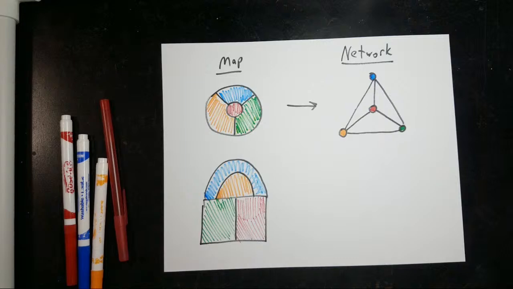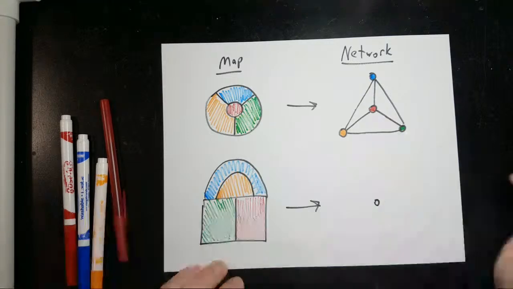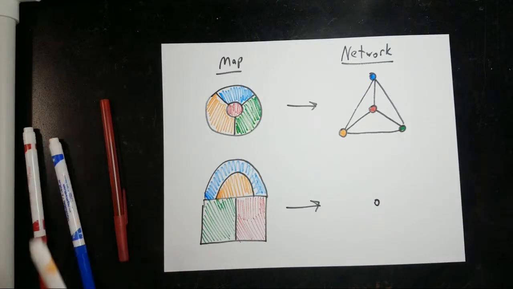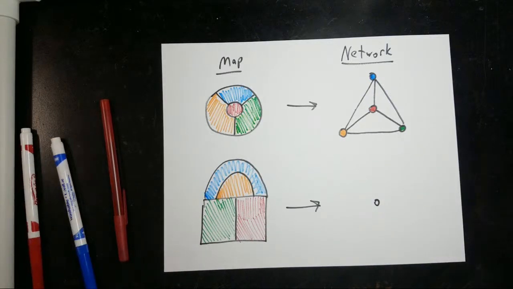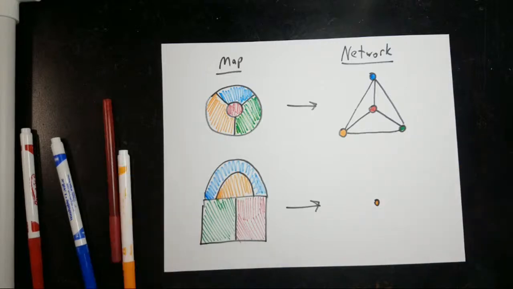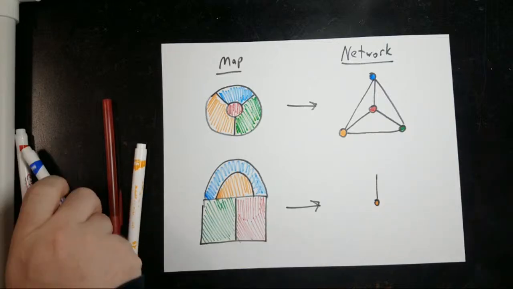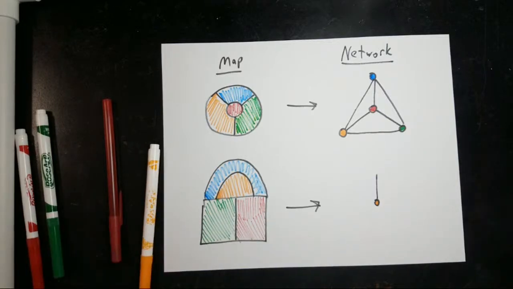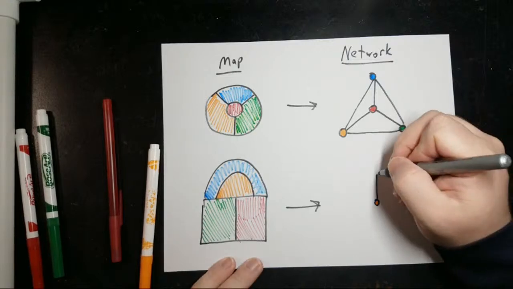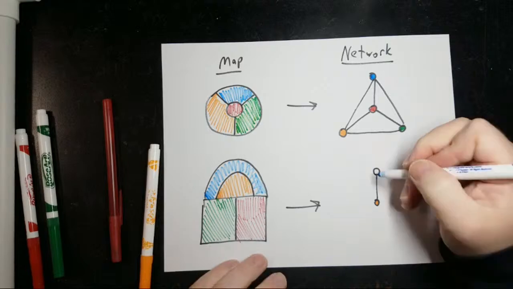Now, I said that they were exactly the same thing. Well, there's orange right in the middle. And up top, it borders blue. This one right here. Gotta get my markers straight. It borders blue.